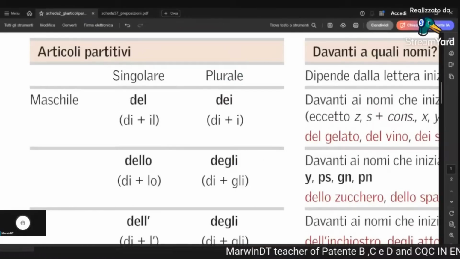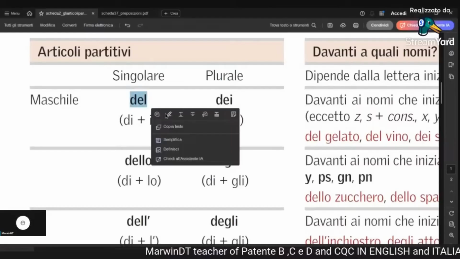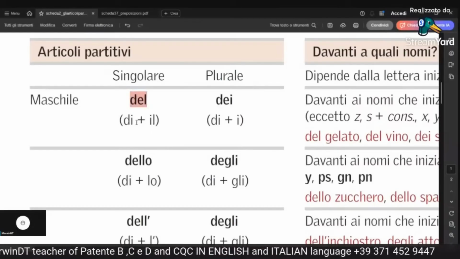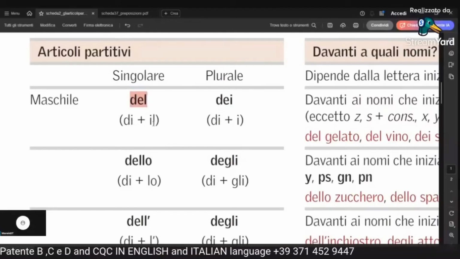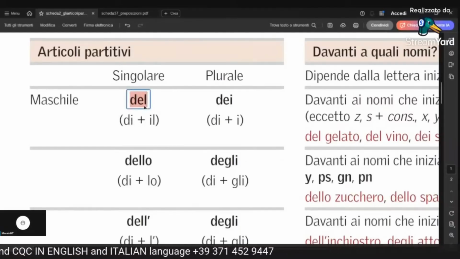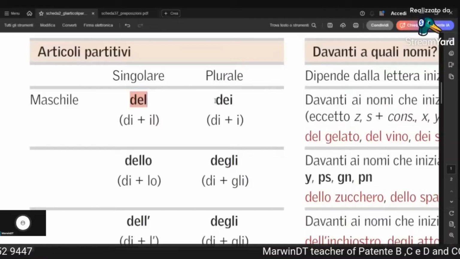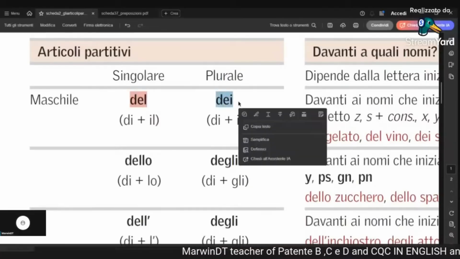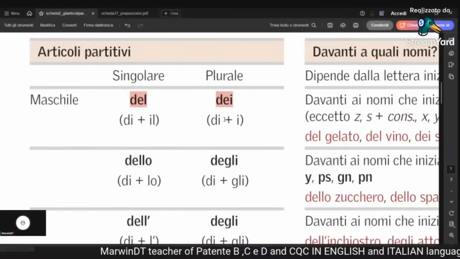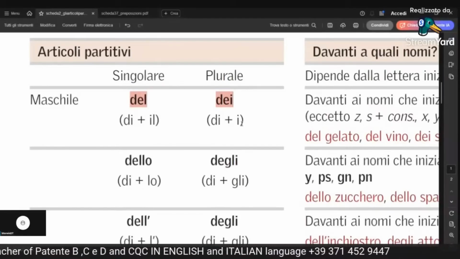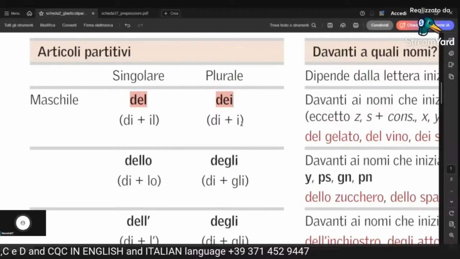So the formation of del comes through the addition of d plus il, makes it del. The plural becomes dei. So dei comes by the addition of d plus i. Are we there? Okay.